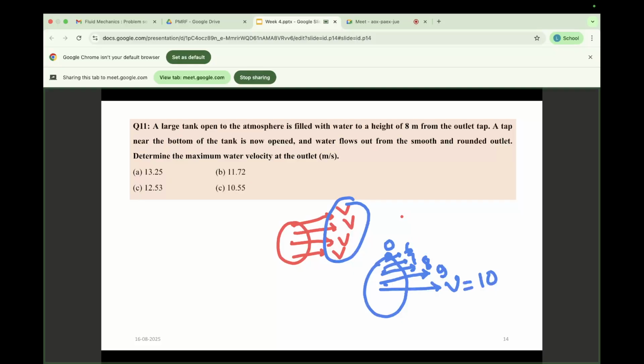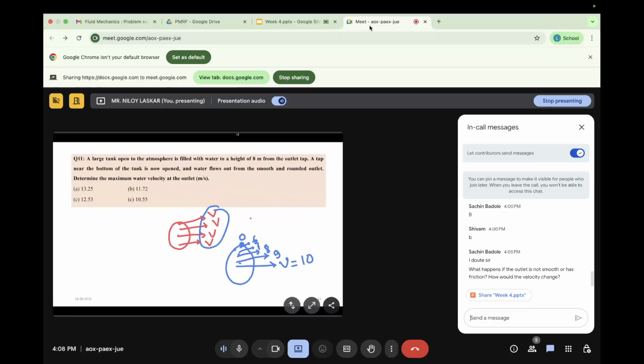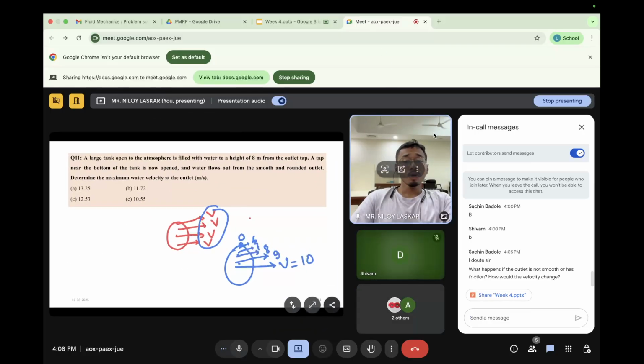Because the velocity is varying across the field. For the question you have asked, we need to do integration, or find this velocity at each and every point. In this way the velocity changes if the outlet is not smooth. Is it clear, Sachin?